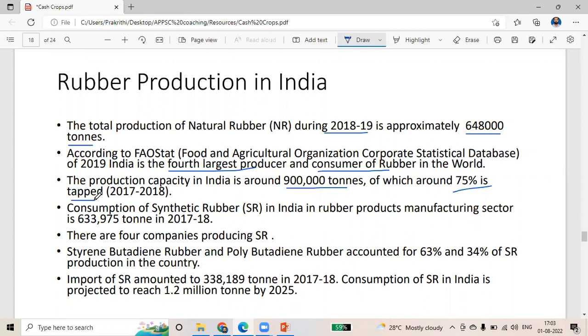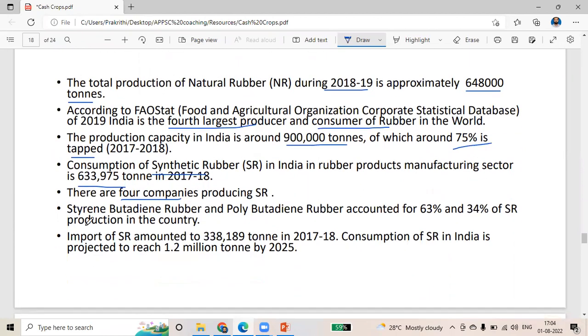Other than this, we have another type of rubber, that is synthetic rubber, which is artificial. India produced almost 6,34,000 tons of synthetic rubber in 2017-18, and there are 4 companies which produce this.